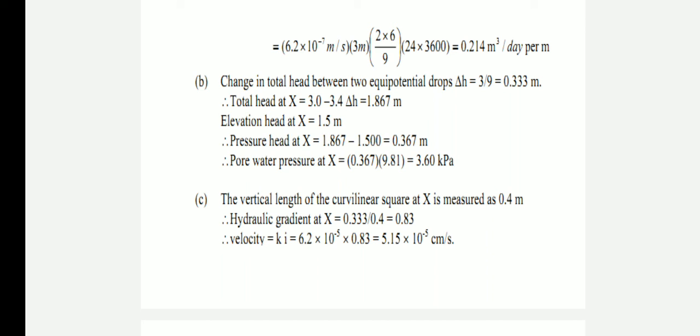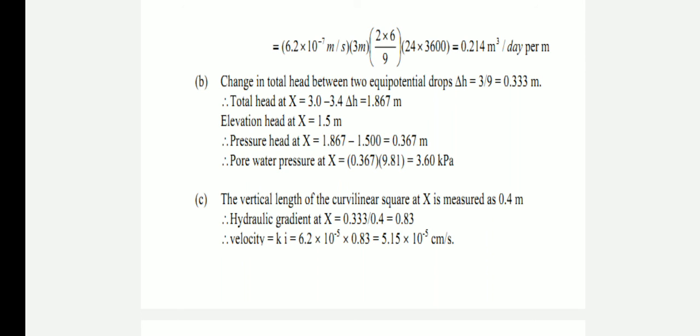1.867 meter. Now elevation head at x is equal to 1.5 meter, and pressure head at x is equal to the difference of this total head and elevation head. So total head we have 1.867, and elevation head is 1.5 meter.